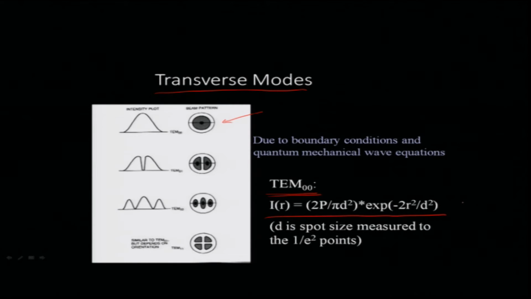We are essentially interested to just consider this as our Gaussian intensity profile, and in most cases when we talk about a laser, we would be essentially taking the transverse electromagnetic 00 mode, which is the Gaussian mode.